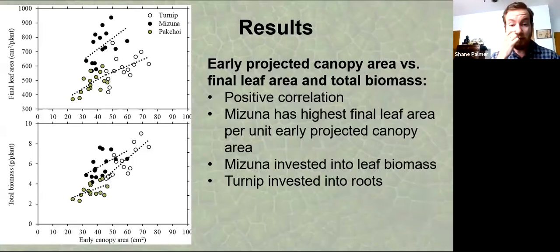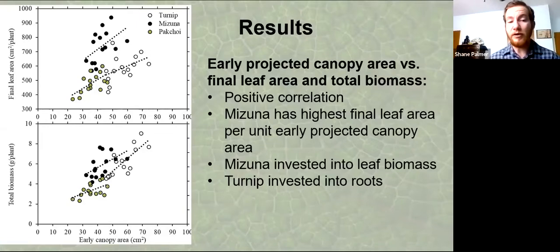We did find there is a positive correlation between early canopy area and both the final leaf area as well as the total biomass for these plants. So basically, the more early canopy area you have, the more likely you are to have more total biomass and more final leaf area.